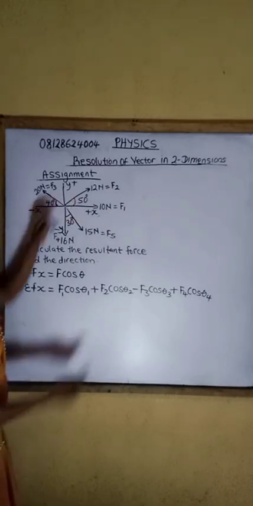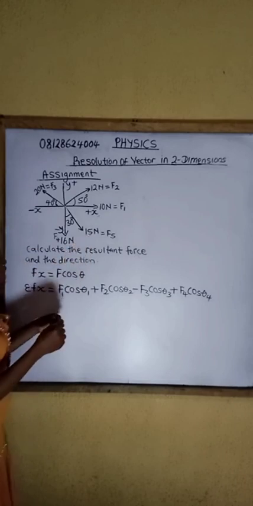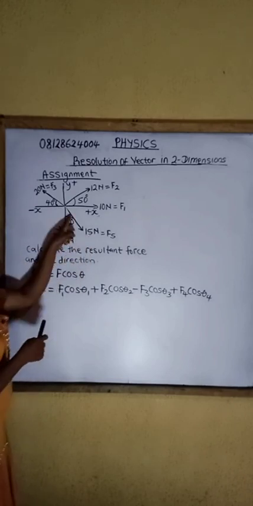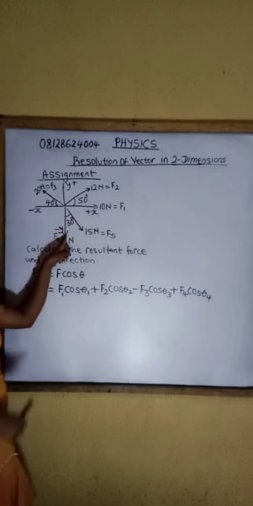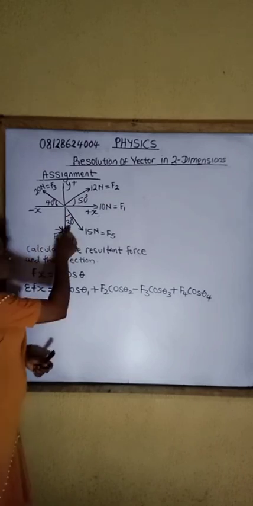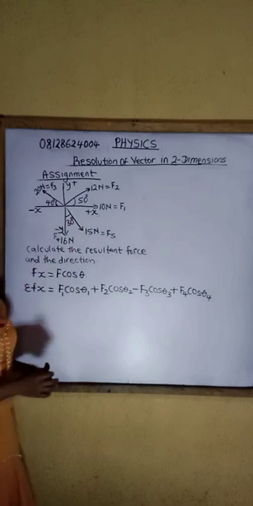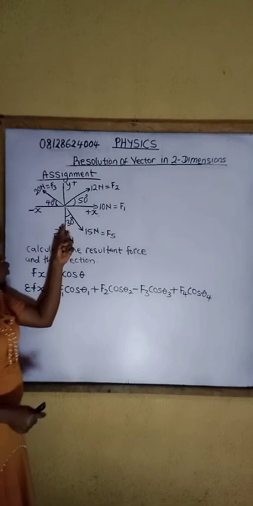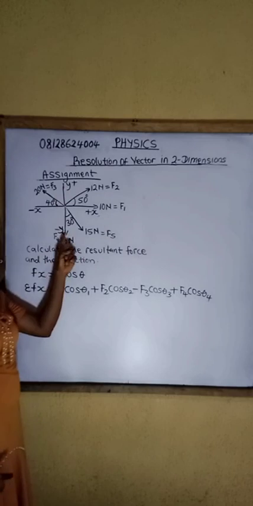Then the last one is this. But if you look at this angle, it is towards the vertical axis. This angle theta is towards the vertical axis, so this F5 is the owner of this angle theta. But our angle theta is towards the Y-axis, that is the vertical axis.